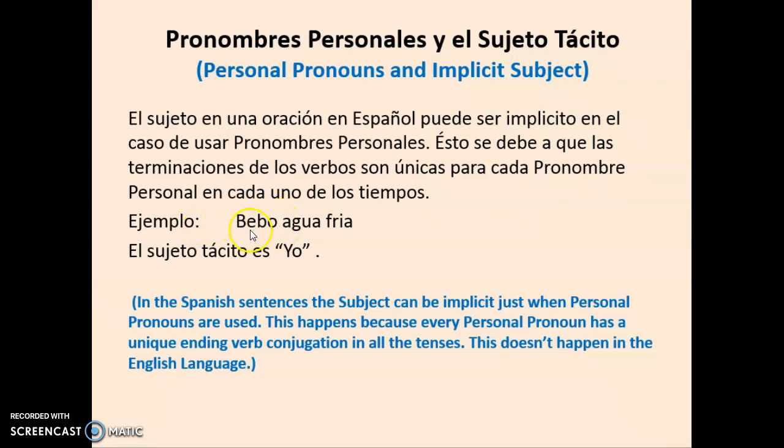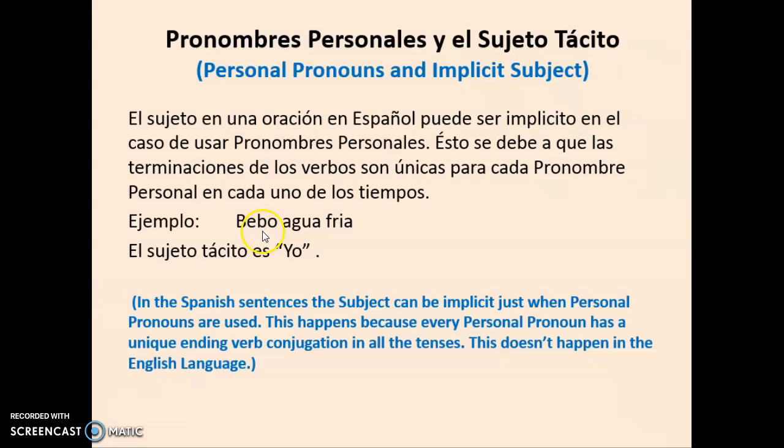So, for example, bebo, that means drink, bebo agua fría is having an implicit subject, which is yo. So yo bebo agua fría. But it doesn't matter, it's not here with yo.